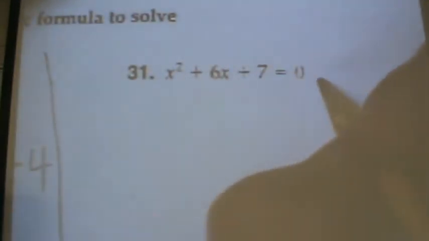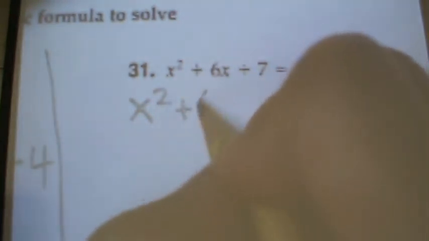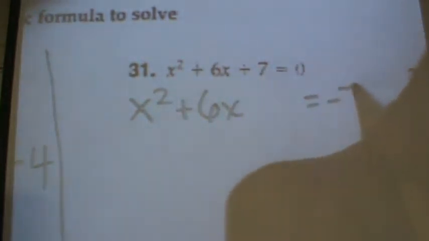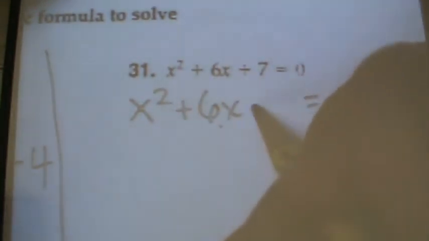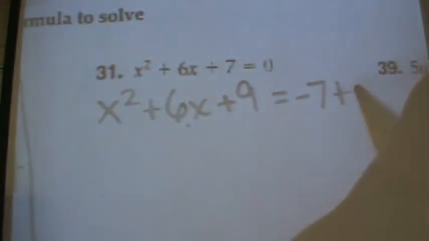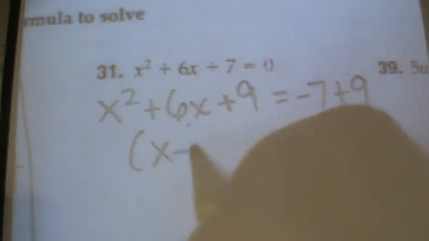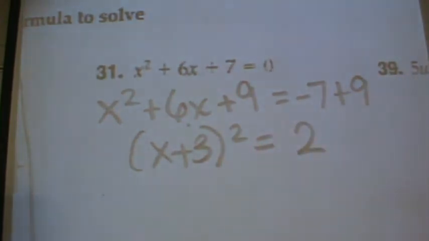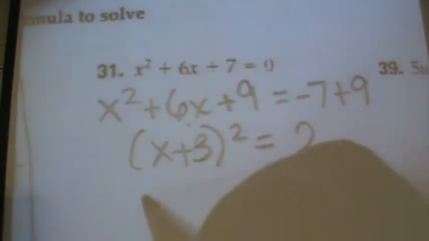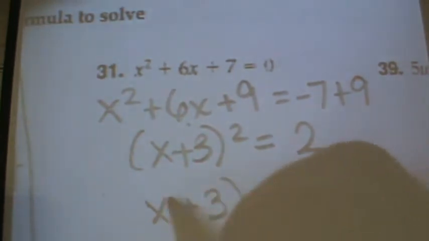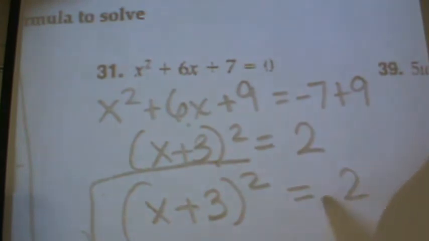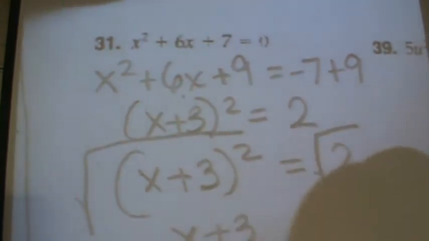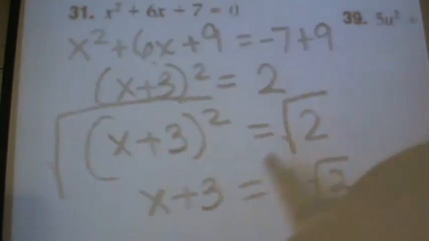So if you brought 7 over, half of 6 is 3, square it, you get 9. Factor, square root, plus or minus root 2, and then subtract 3.